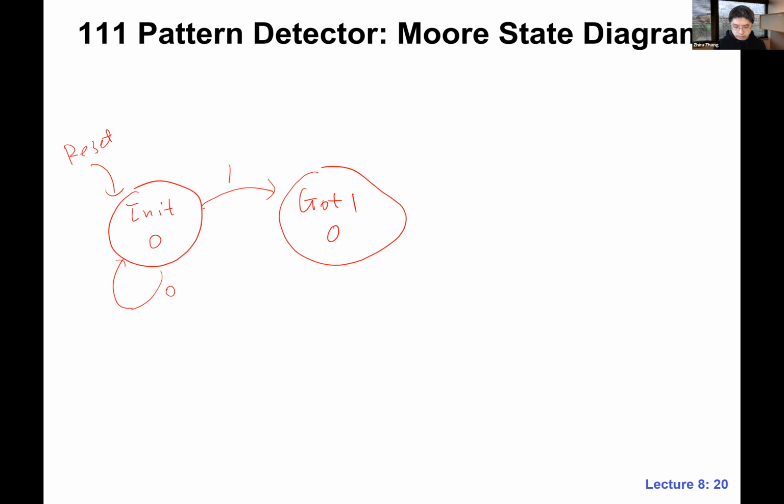Same thing for got1. When we see 0 in got1, what do we do? Do we stay or do we go somewhere? We don't want to stay, so we want to go back to init. We reset basically. We go back to the first state. If it's a 1, then we are making progress. We are seeing the second one.